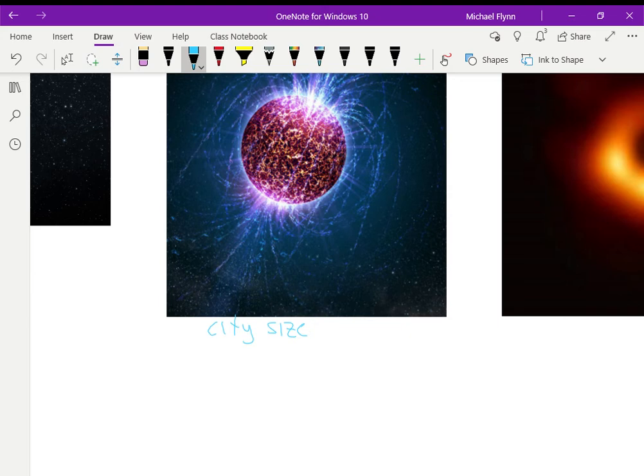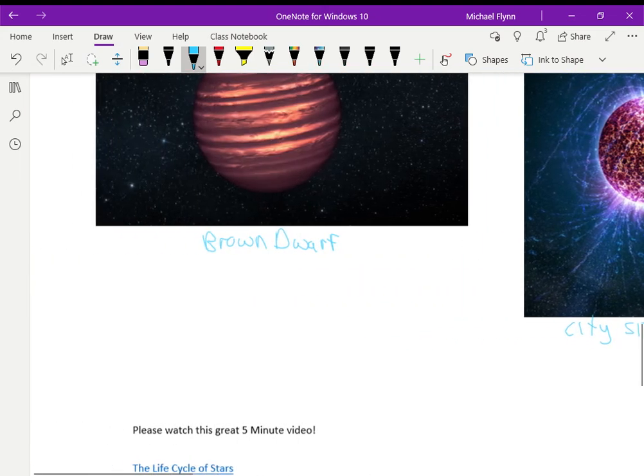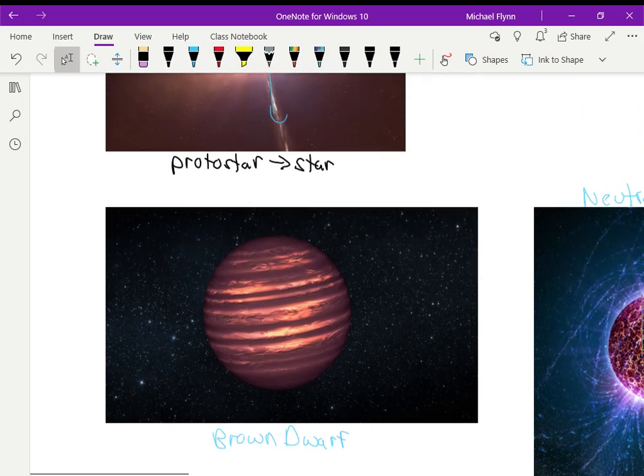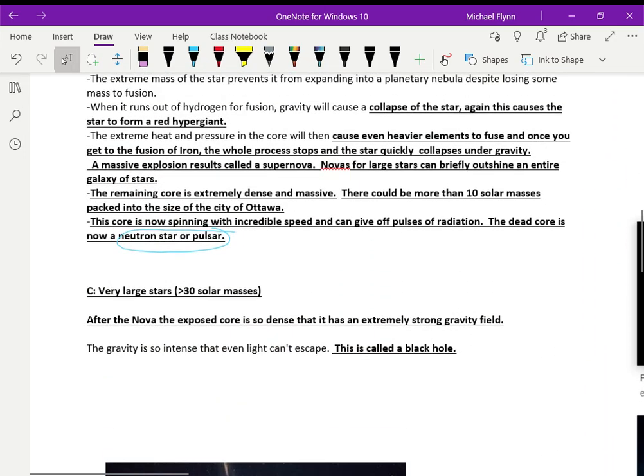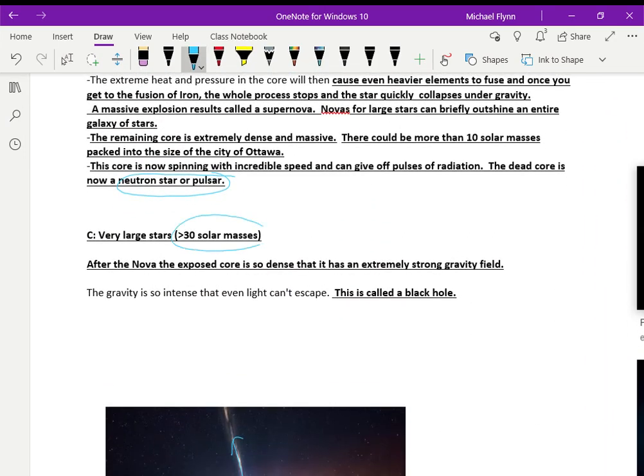All right, so that's a neutron star. Now, if you have a really massive star, like supermassive stars, bigger than 30 solar masses, the same thing happens as with a neutron star. It's the same process, so I'm not going to go over that again.